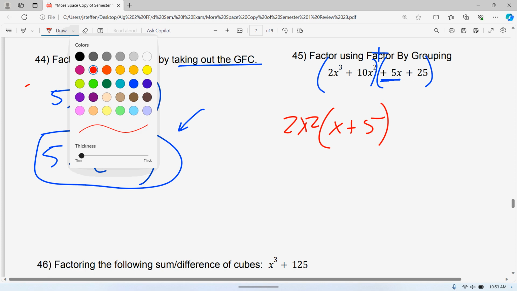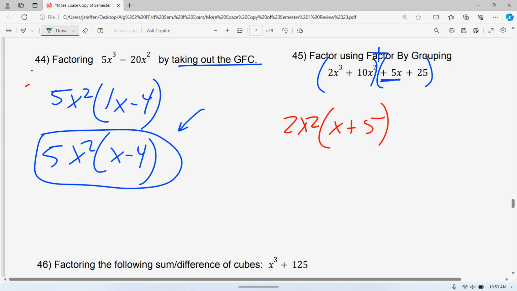Then the next group, the greatest common factor, so I can take out a positive 5. So that leaves 5 divided by 5 is 1. So just 1x. 25 divided by 5 is 5. These two are the same. That's the whole idea. That's a great way to make sure you're on the right track. So everything that is inside parentheses that are the exact same goes together in the same set.